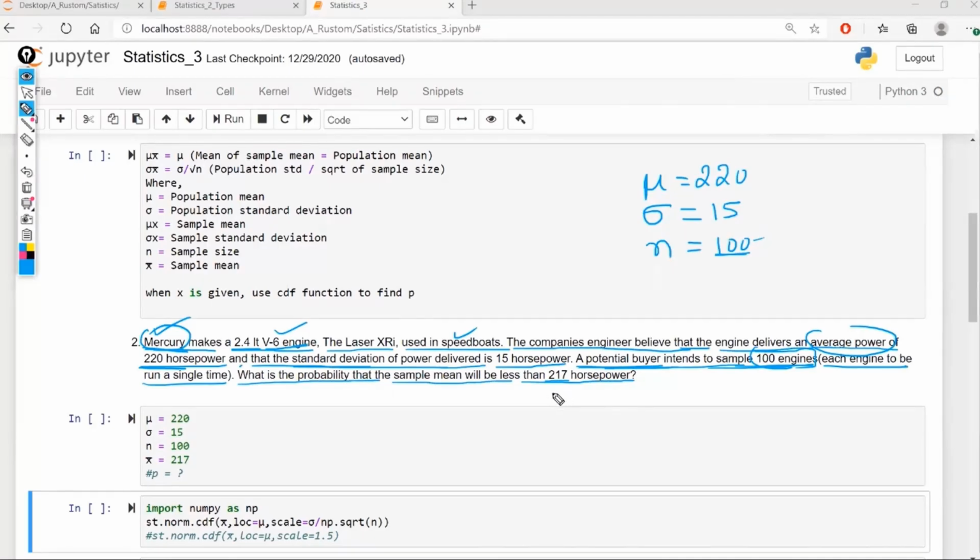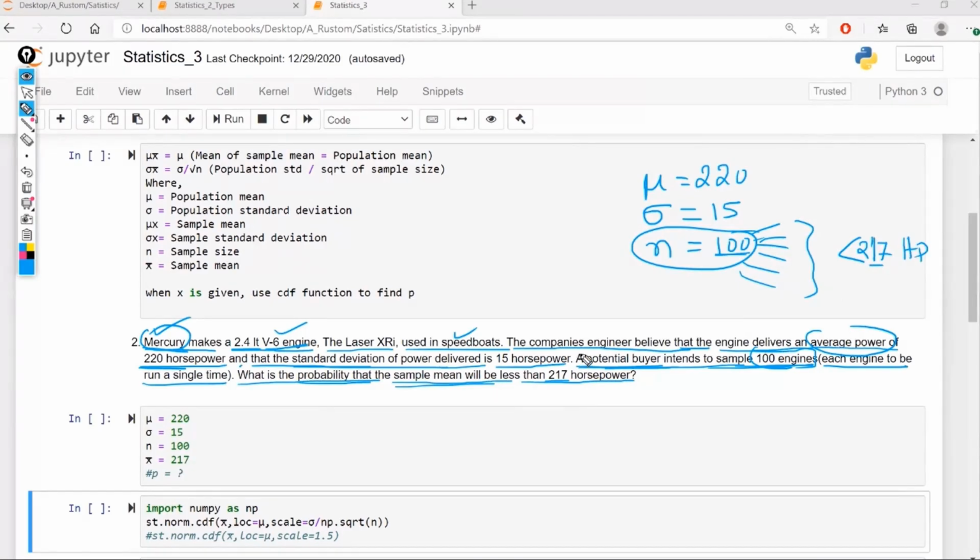So that is the problem statement here. We need to find the probability that the sample mean, the mean of this horsepower, is less than 217 HP. That is what he wanted to test.